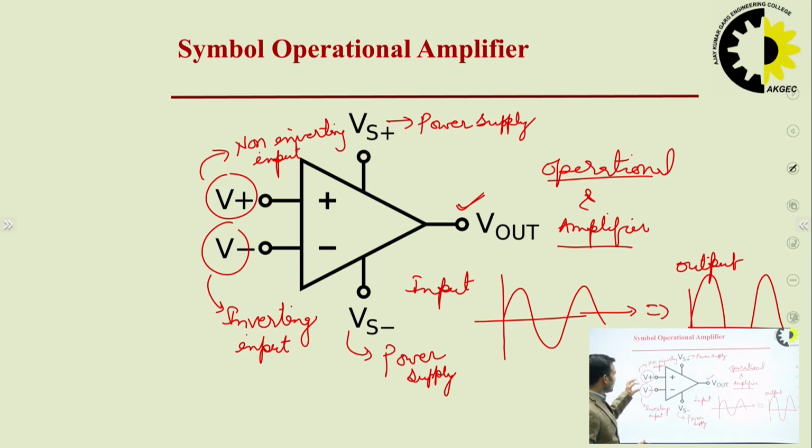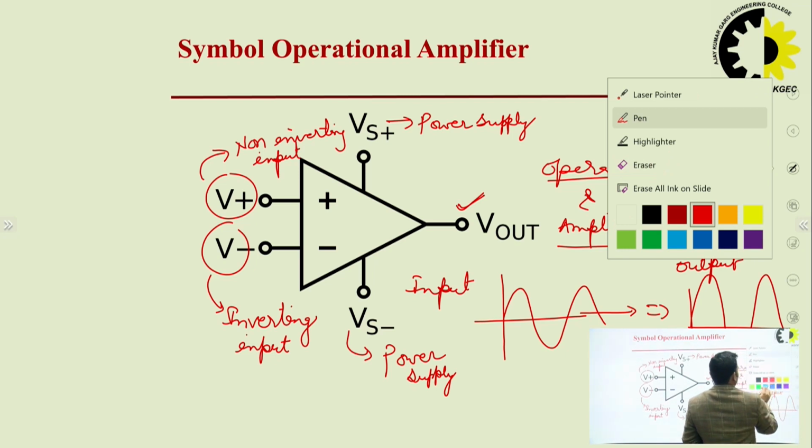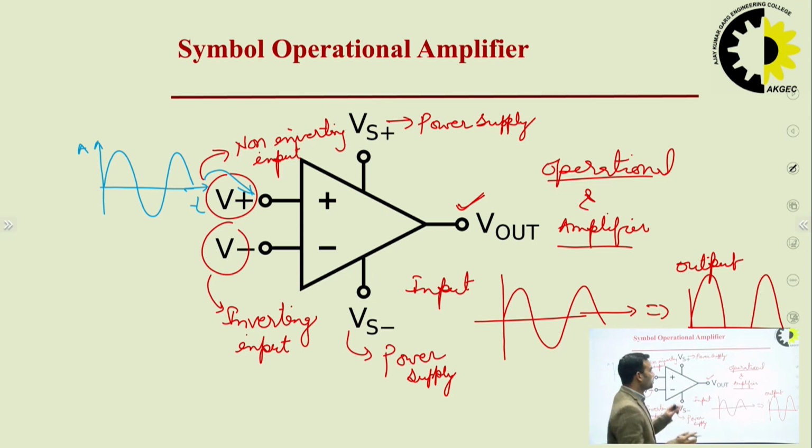So why are there two inputs? If you apply input on this positive terminal, that is non-inverting terminal, then input and output both will be in same phase. For example, if I apply input on this terminal like this, non-inverting terminal, then output will be like this.